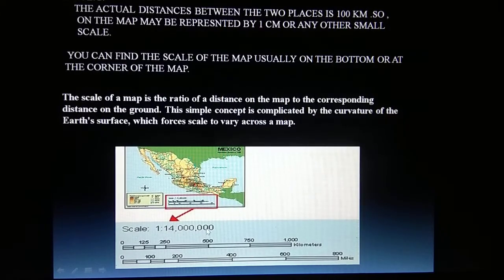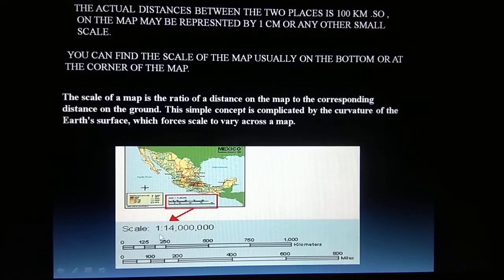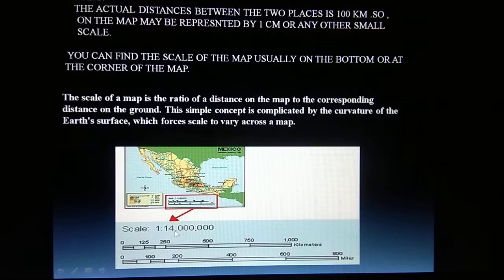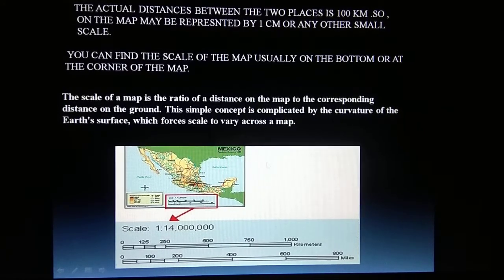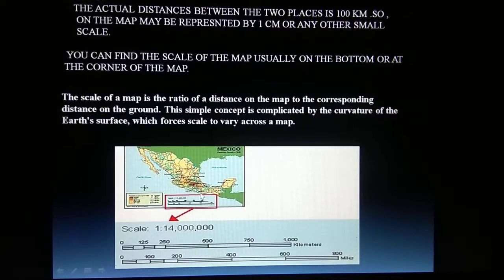Look over here. So 1 centimeter is equal to that many kilometers. So you can easily correlate how much distance they must be apart.